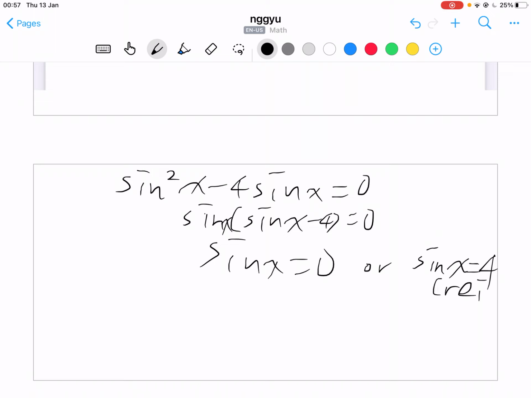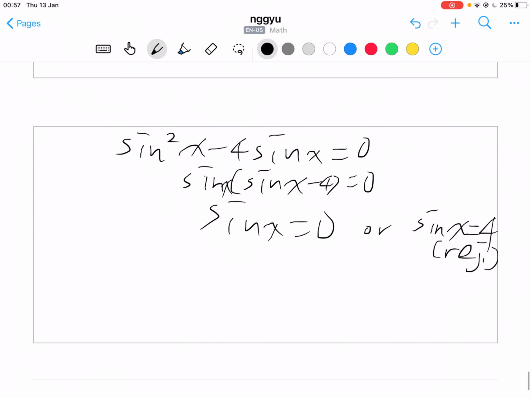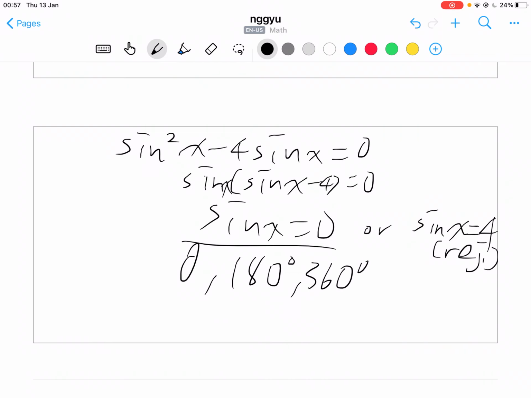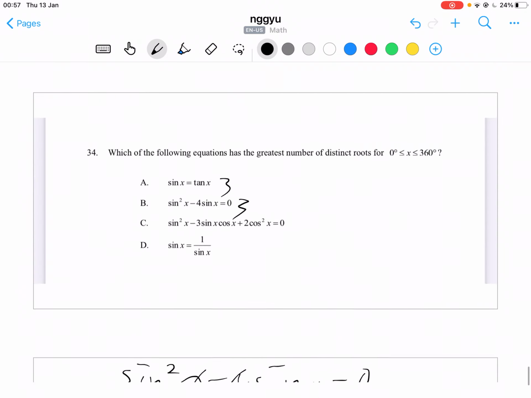We need to reject this one because the greatest value of sine x is just 1, so sine x cannot be equal to 4. So when sine x is equal to 0, x can be 0, 180 degrees, or 360 degrees, so 3 roots again.